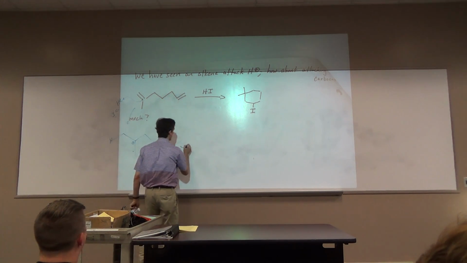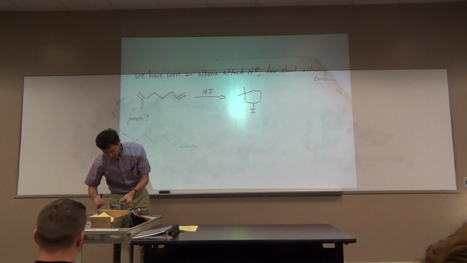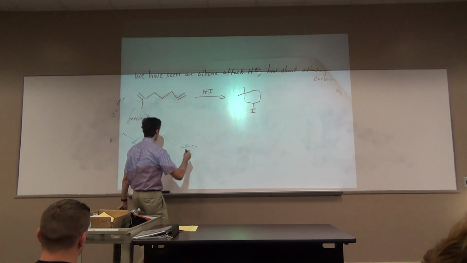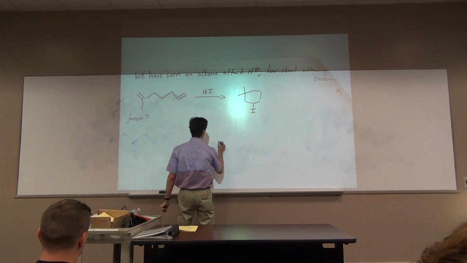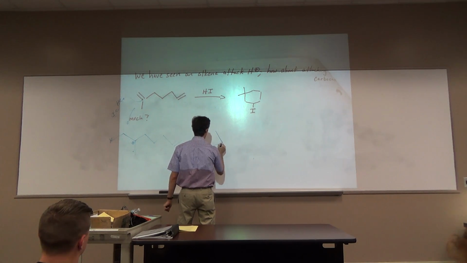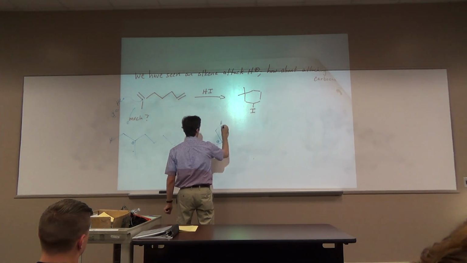So I'm going to sort of redraw this. What if I redraw this? Let's see, I've got a cation here, two methyls. One of them has a new H on it.